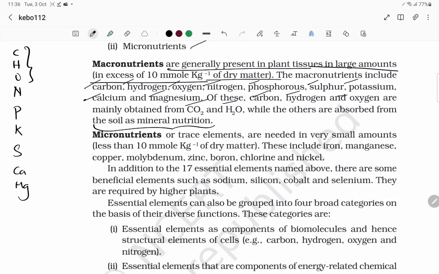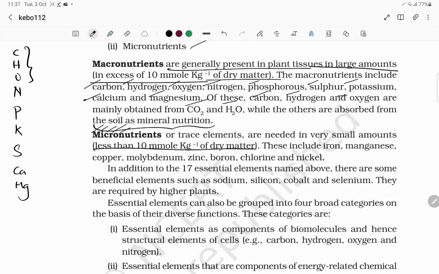Micronutrients are those present at less than 10 millimoles per kg of dry matter. They include molybdenum, manganese, iron, chromium, copper, boron, and N for nickel, and finally we are going to end with Z, that is zinc.